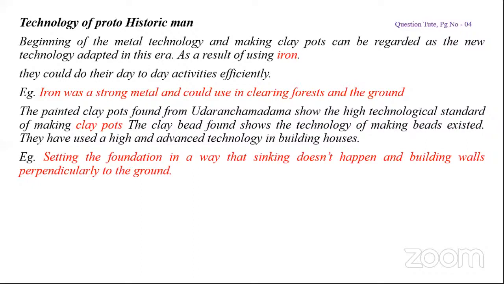That question normally does not come as the second question. If it is given, it comes for the third or fourth questions, mainly the fourth question, because the fourth question is mainly on technology of the man, even during the Stone Age, proto-historic time period, and early historic time period.